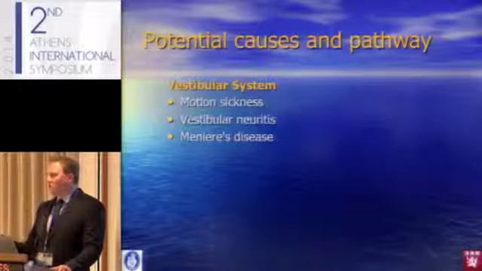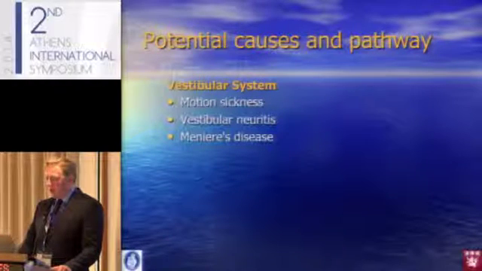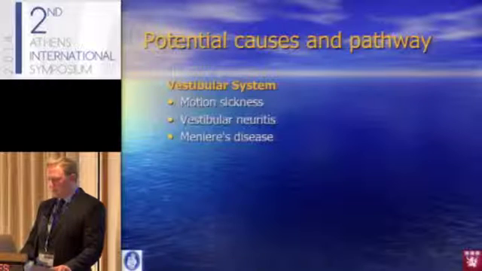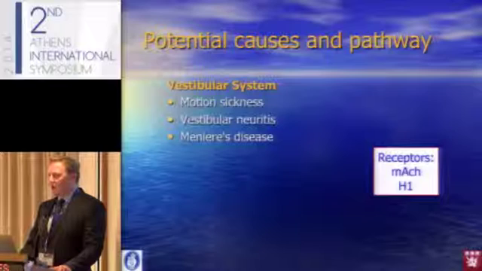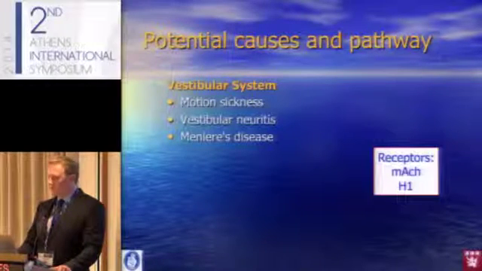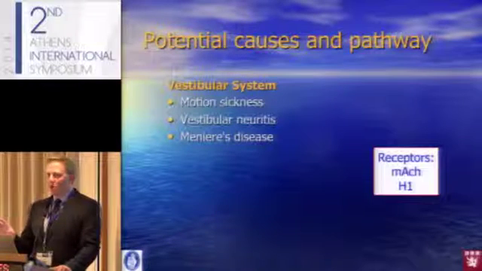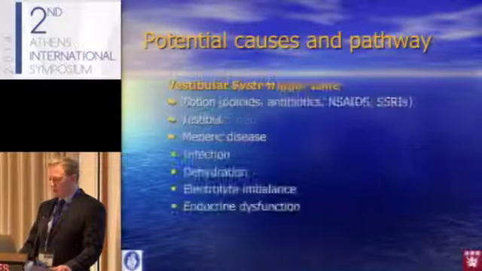Meniere's disease, as you know, is loss of hearing and vertigo, and usually accompanied by nausea and vomiting. The receptors that are associated with the vestibular system are muscarinic acetylcholine receptors and histamine type 1 receptors. And that's important to remember because that will affect our treatment later on that I'll discuss.